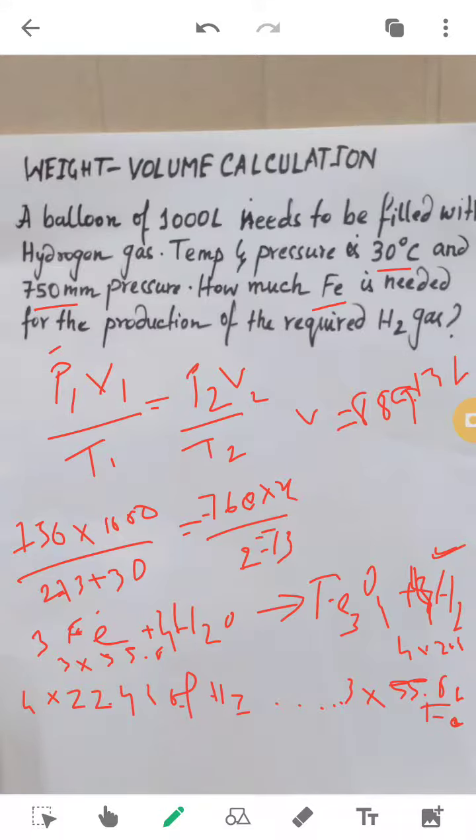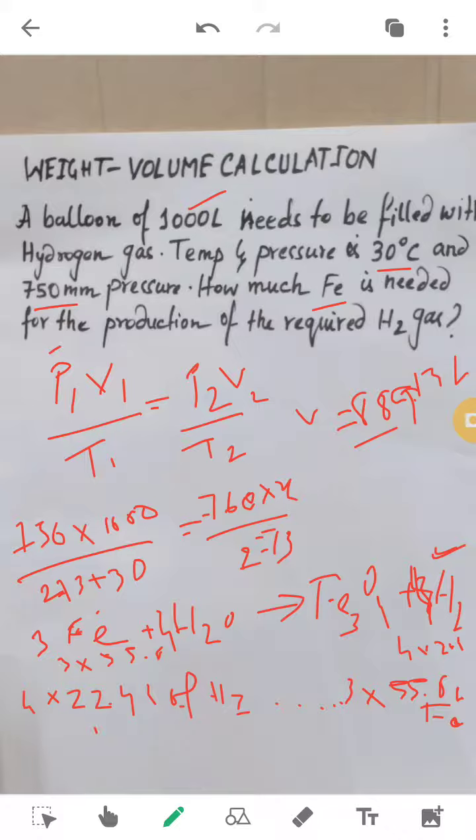Now, how much do you require? You require 889.13. That 1000 liter is actually 889.13 liter at STP. So you find it by the unitary method. When you write 1, you just divide it.